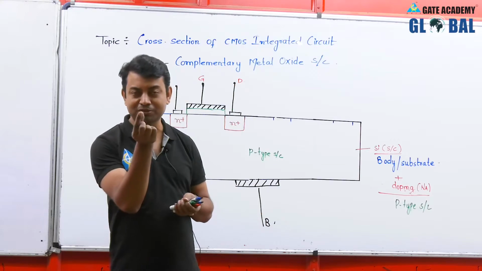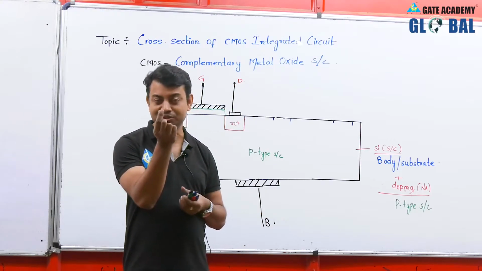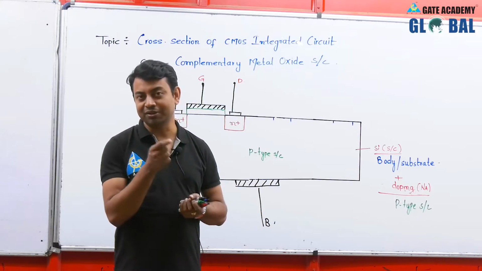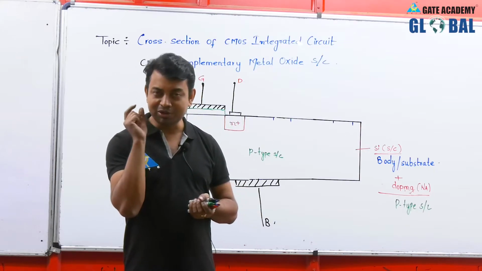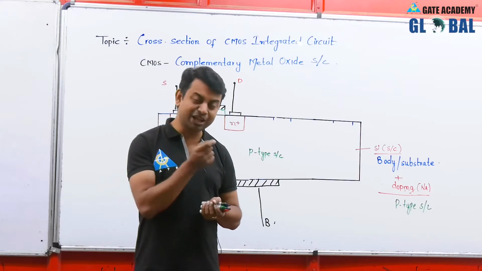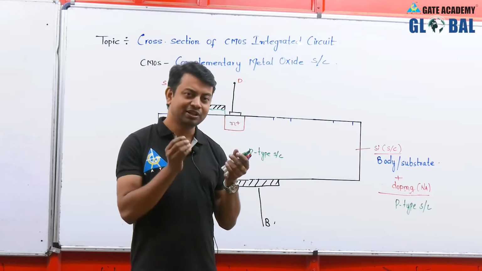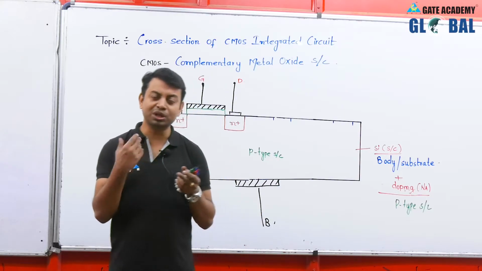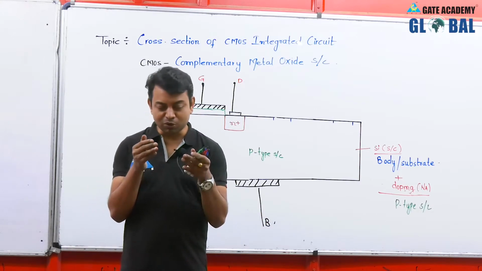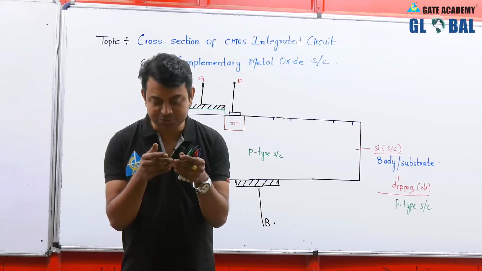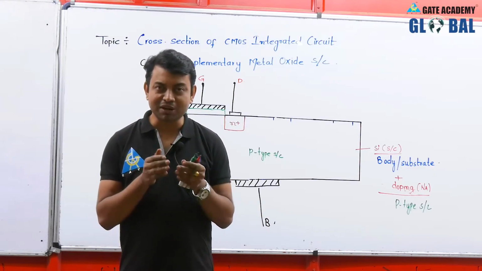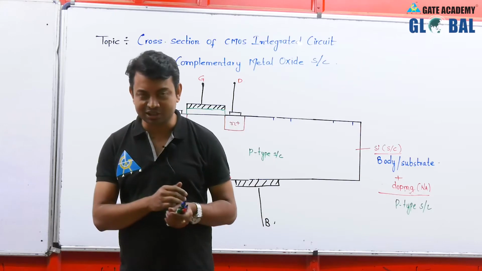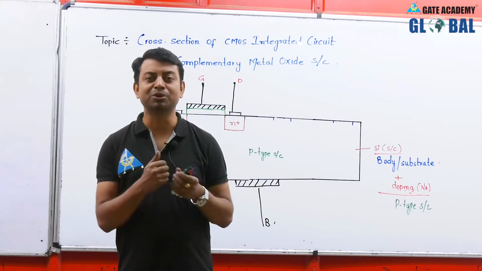A chip consists of a very small area, and if I say in a small area of 1 mm by 1 mm, I want to implement lakhs of CMOS, then you can think how close the CMOS are to each other. And if they are very close, we have to isolate one CMOS from another. How to isolate one CMOS from another?